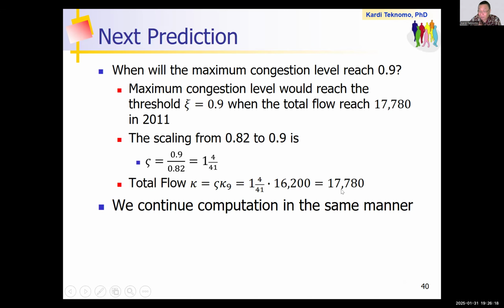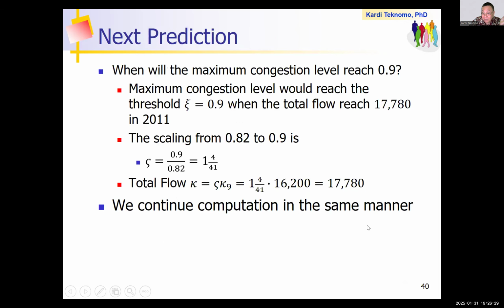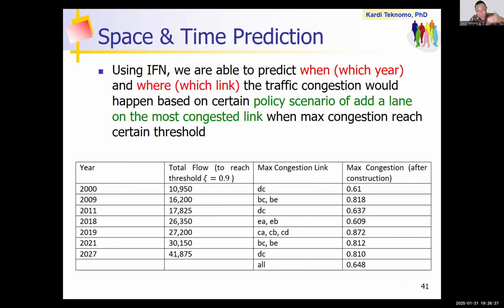17,008. Almost 18,000. So in that case, you go back to this table to see when it will happen. So then you will see, oh, it happened at a certain year, which is 2011. And then we can repeat the same thing.